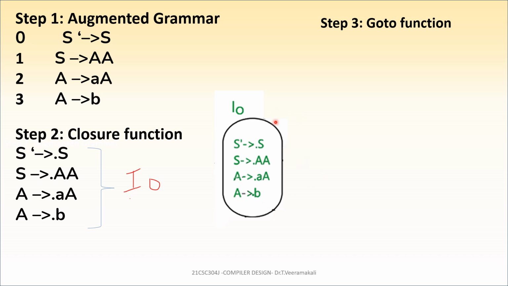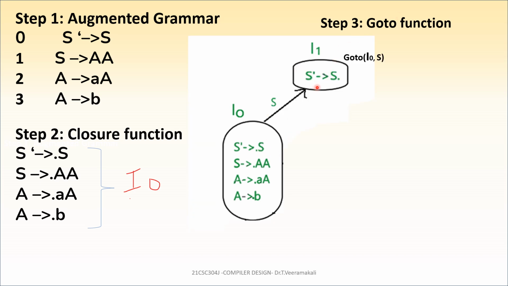The goto function is very simple. When you apply the goto function, the dot will be moved one step right. So if you apply the goto function for this capital S, you will get this as a result. The dot symbol is moved one step right. So on the right hand side, you got the result S dot. This is denoted as a new state, I1.